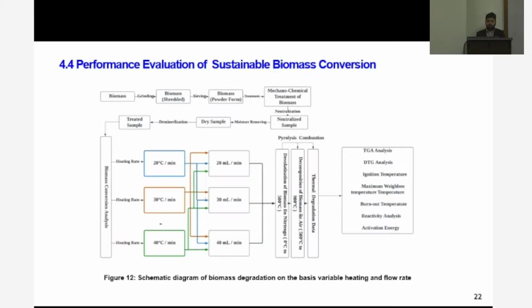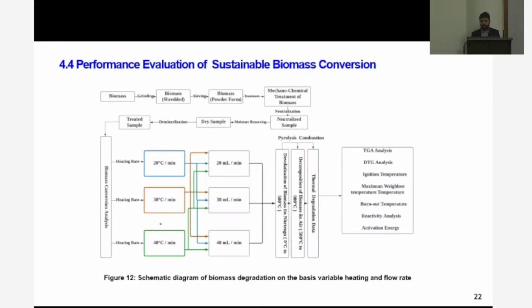And lastly, we have done the performance evaluation of sustainable biomass conversion, and in this we followed the same procedure: we prepared the biomass on the basis of demineralization, and then analyzed the samples on the basis of heating rates and flow rates.